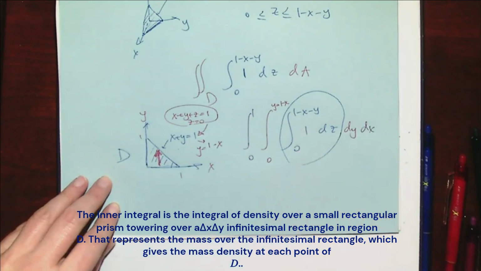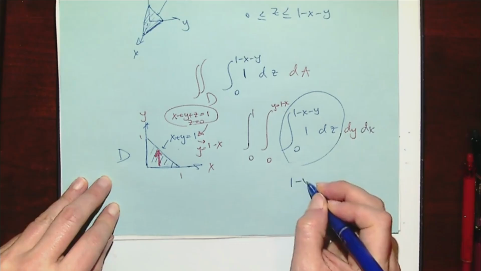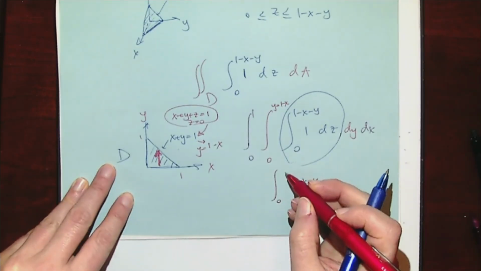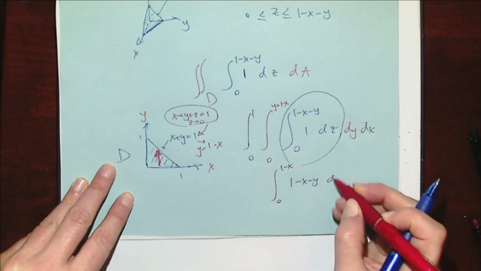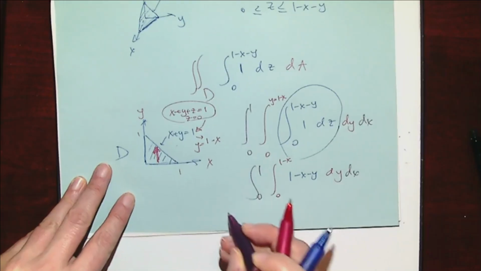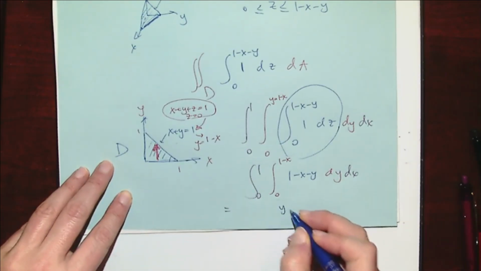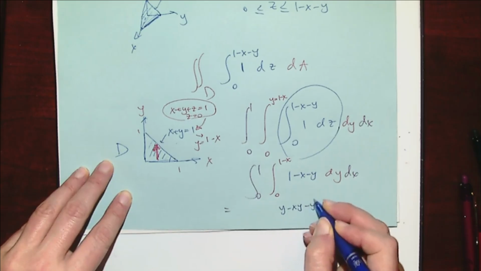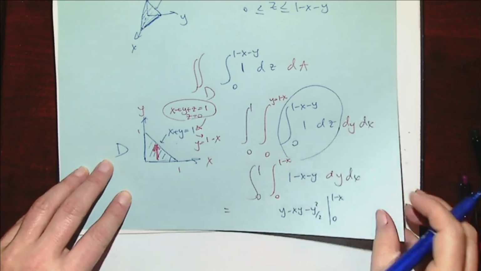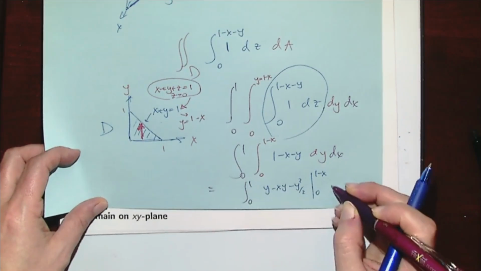So now, how do I do this? What is the integral here? 1 minus x minus y. And then I have integral from this and that. Very colorful. And so I would get y minus xy minus y squared divided by 2, 0 to 1 minus x. And then the outer is still there.